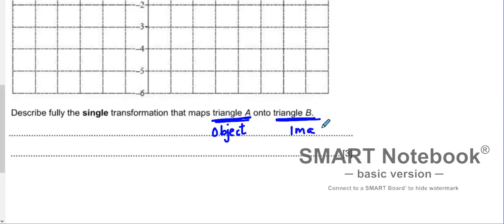That is what it indicates. So in this case, we are given the object and the image, but we have to state what type of transformation is used to move triangle A onto triangle B.